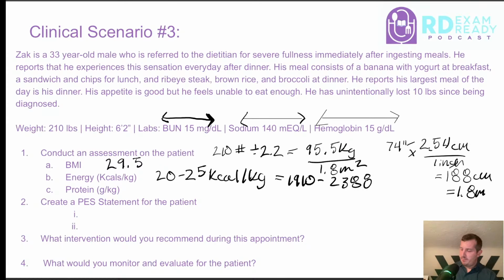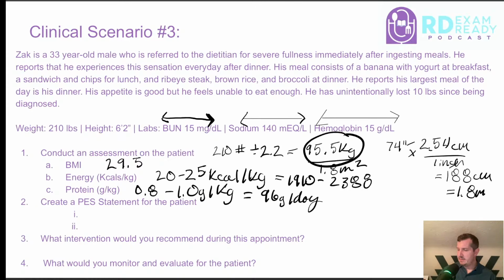I think for me, I'd maybe put him somewhere between 0.8 to 1.0 grams per kilogram. That'd probably be about what I would fit for him. In that case, maybe we pick the 1.0 just so we maintain his level of muscle mass being a larger person. And so I would say maybe we have 96 grams per day of protein, taking his 95.5 kilograms of weight, multiplied by 1.0 grams per kilogram to get 96.